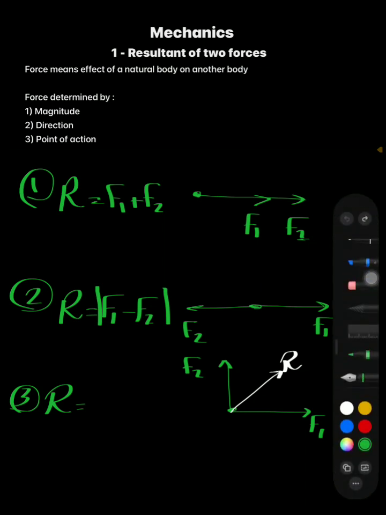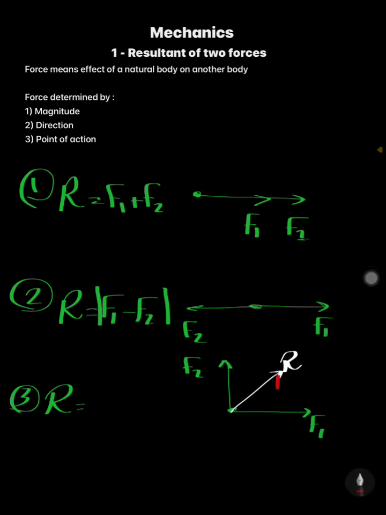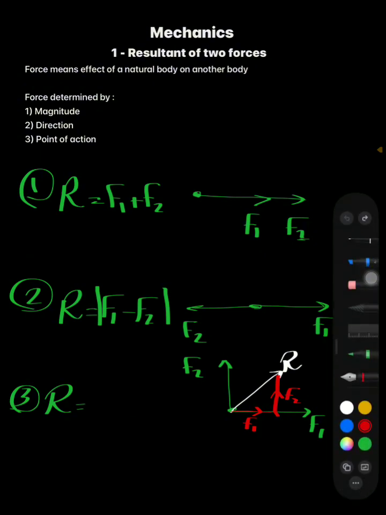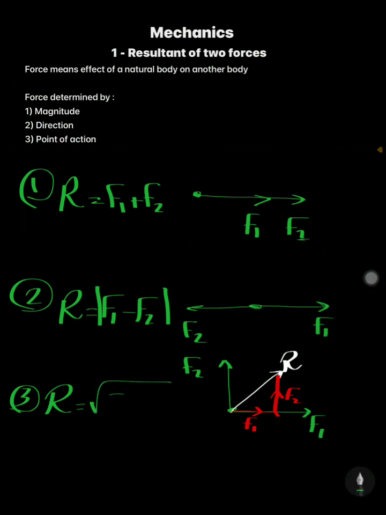We can close this side, or we move F2 and close this side. Now we have right angled triangle. Its sides are F1, F2, and resultant. Resultant is the hypotenuse of this right angled triangle. So to find the hypotenuse, we make square root F1 power 2 plus F2 power 2.